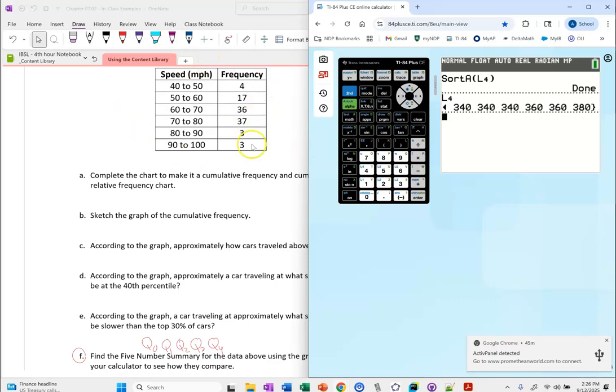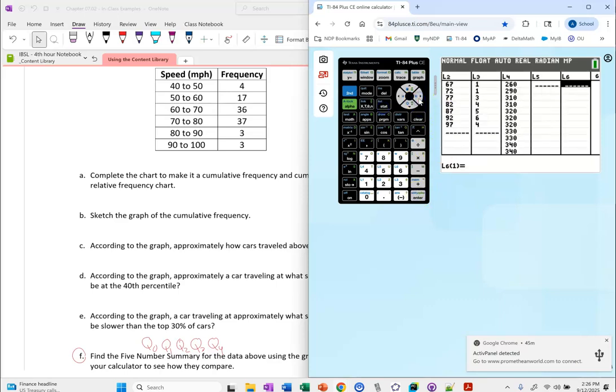So what I'm going to do is type this data table into my calculator. So we'll do stat, edit. I'm going to use L5 and L6 to do this. So what am I going to use for my x values? Because I'm given a range of values, mid-interval values. So 45 would be the first one, 55, and so on.